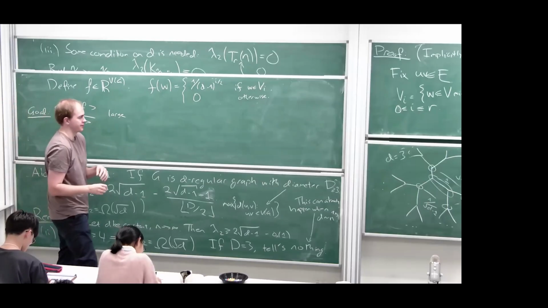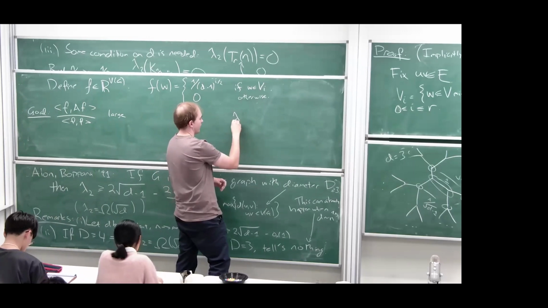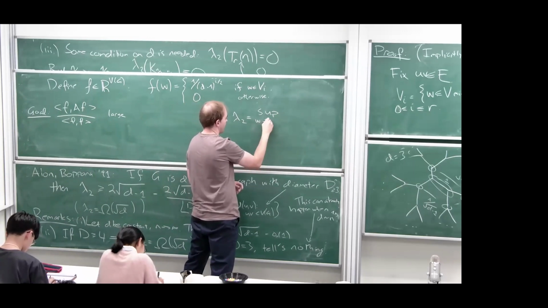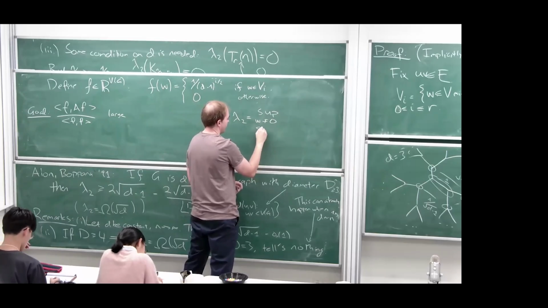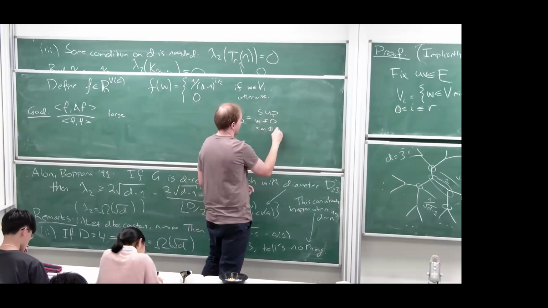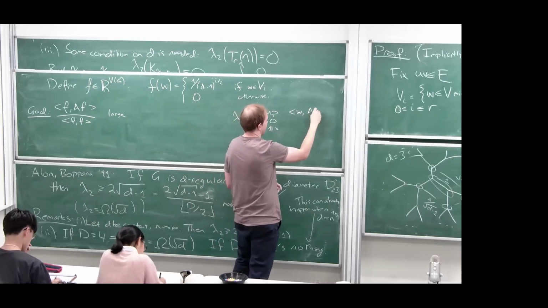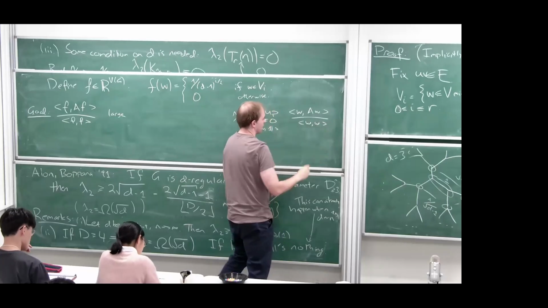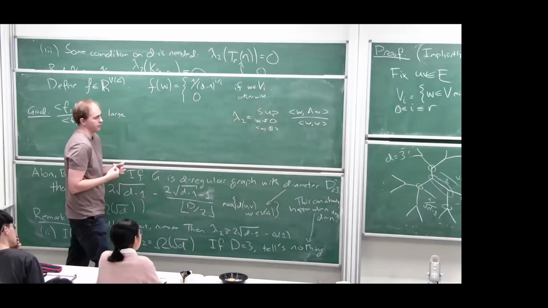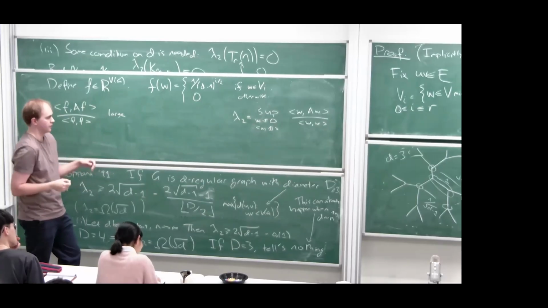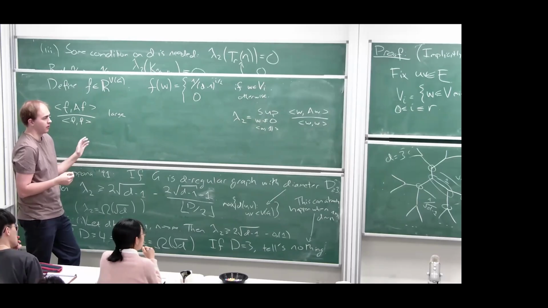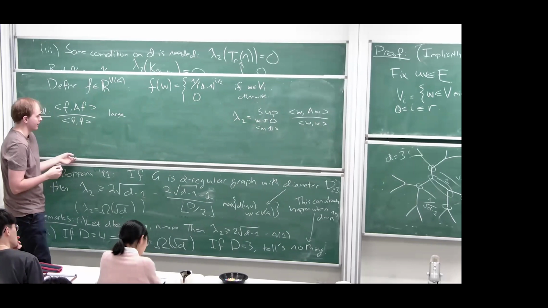And let's just recall that lambda 2 is the supremum over all W which is non-zero and W is orthogonal to the all-one vector of the inner product of W and AW divided by the L2 norm squared. If you want to scale your vectors to have L2 norm 1, then it's just the supremum over the inner product of AW and W amongst those which are orthogonal to the all-one vector, namely the top eigenvector.